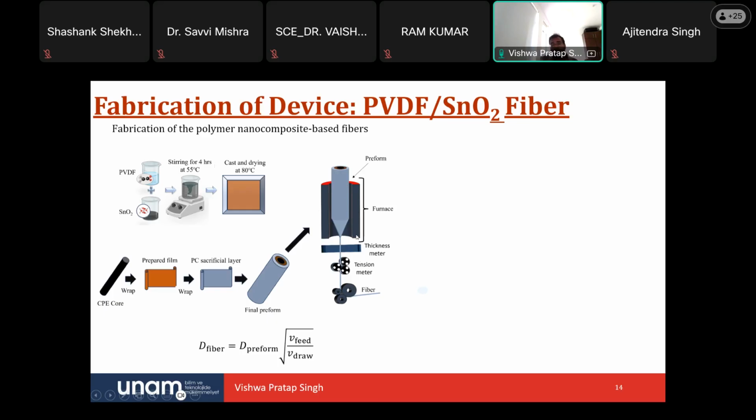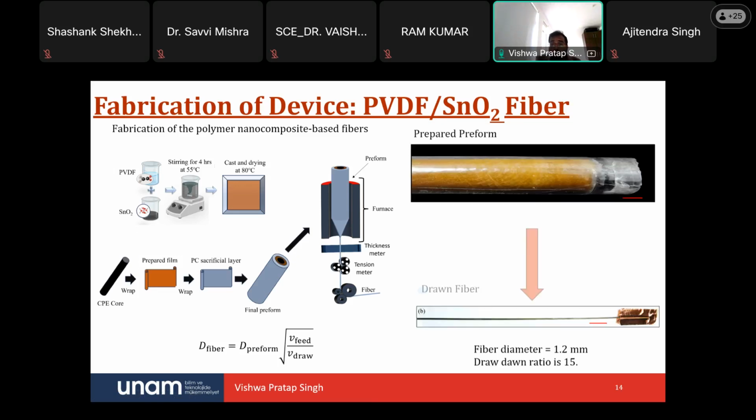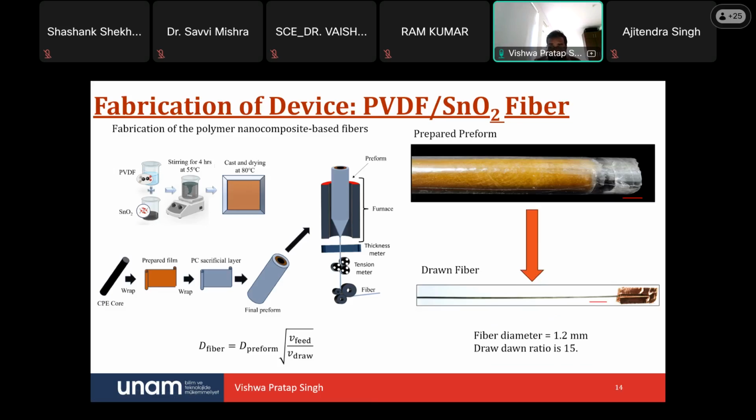We generally use 243 degrees Celsius to heat up this structure, CPE, PVDF, and PC. When you heat it up, you get necking. The problem is at what temperature you will get the necking.